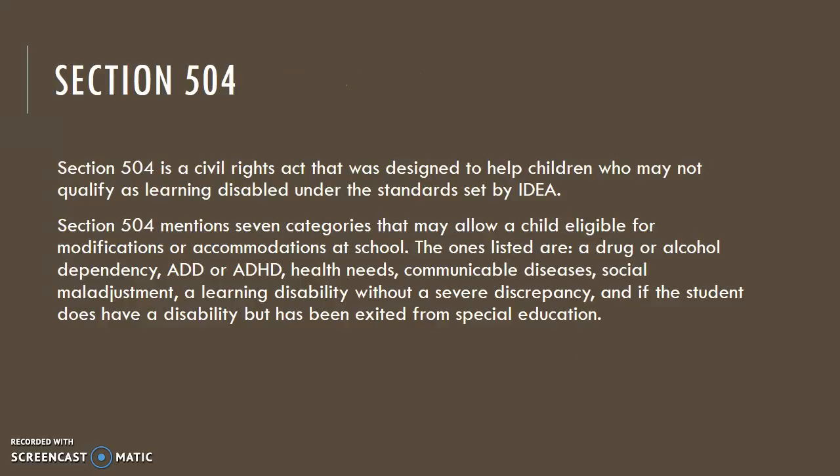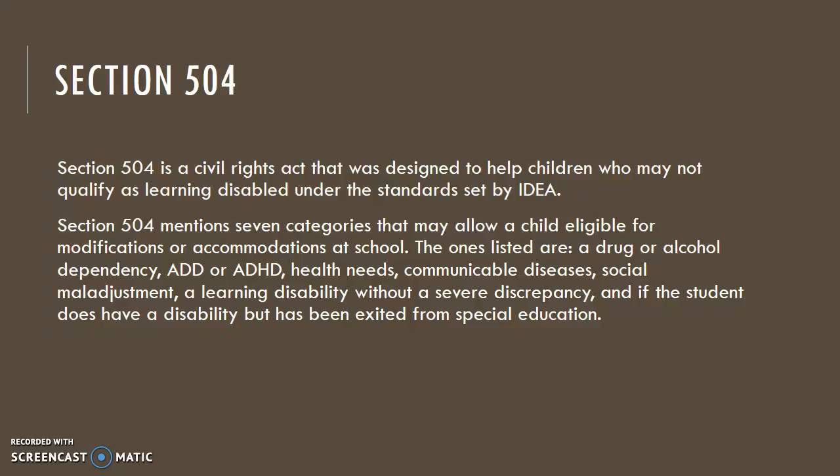There is another civil rights act called Section 504. This was designed to help children who may not qualify as learning disabled under the standards set by IDEA. Section 504 mentions seven categories that may make a child eligible for modifications or accommodations at school.